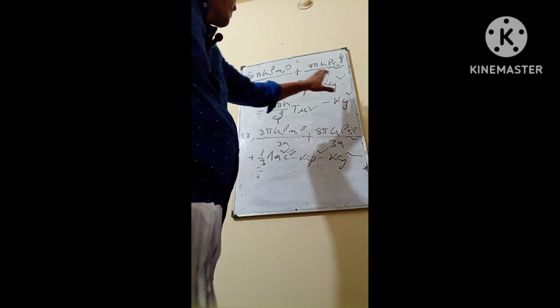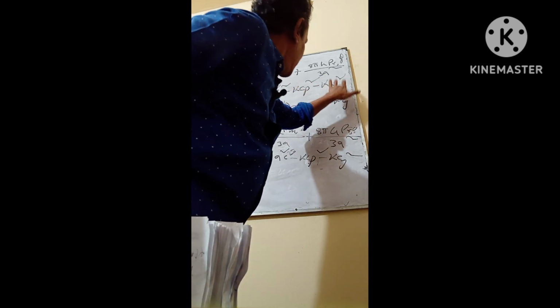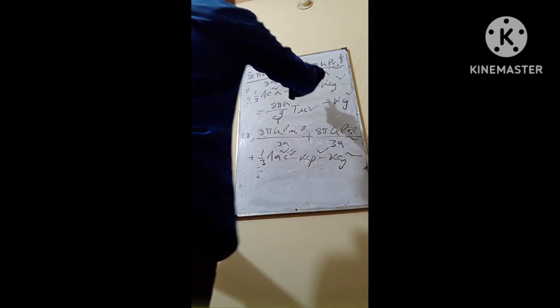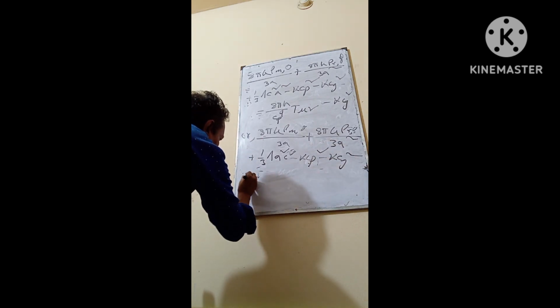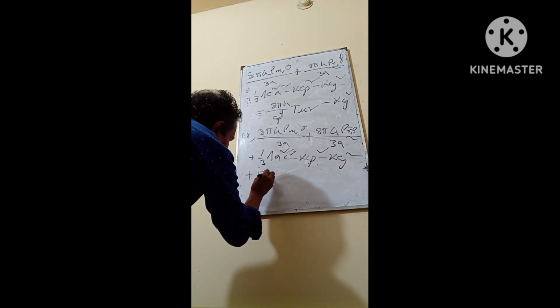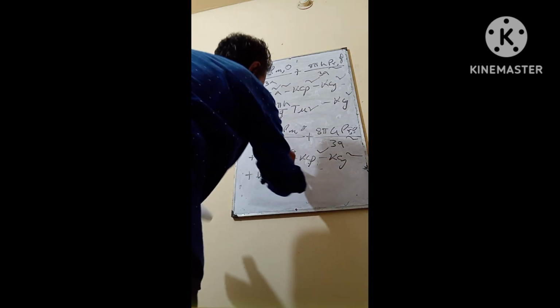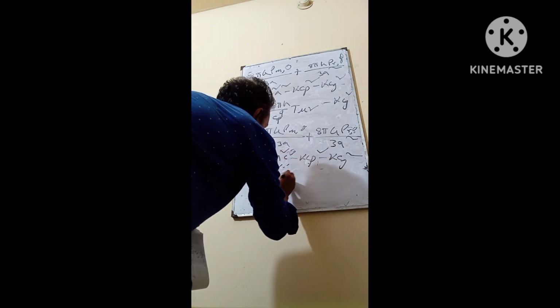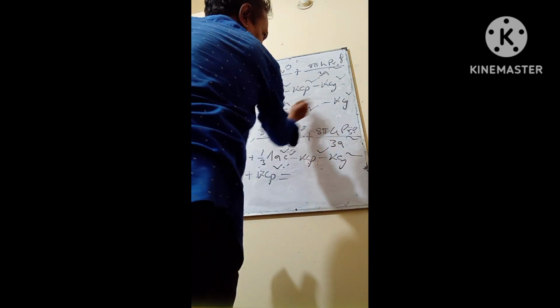I am writing just this limit, subtracting, and now I add K Cp square to both sides of the equation.